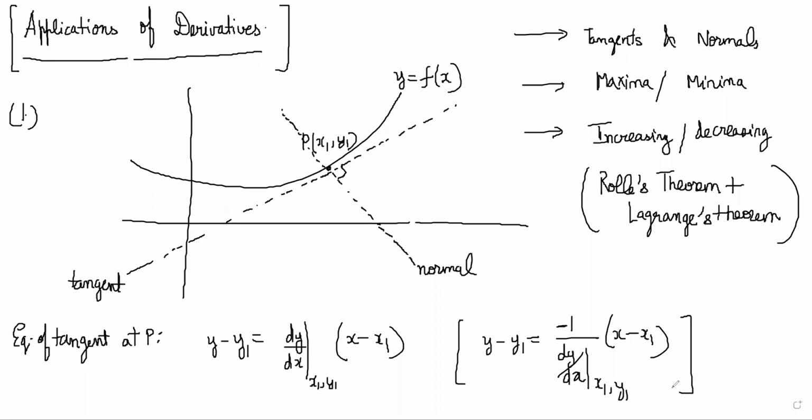Now there are a few terms that you need to know here with regard to the tangent and normal. Those are subtangent and subnormal, and also length of tangent and length of normal.